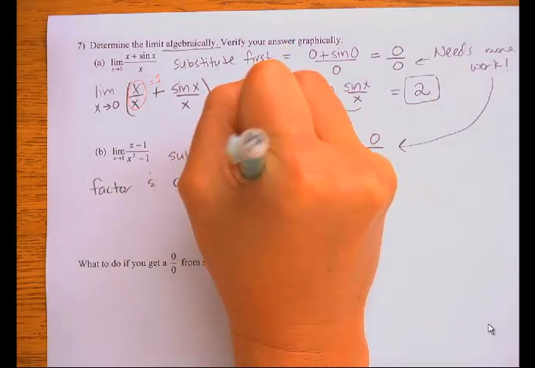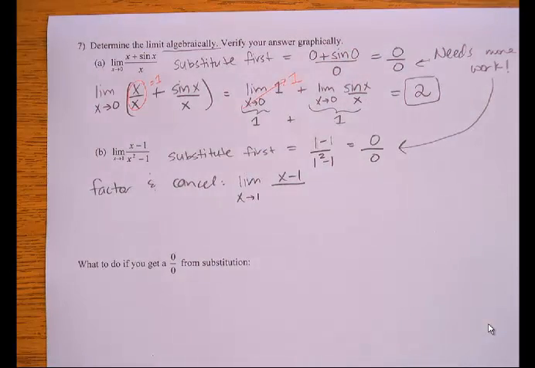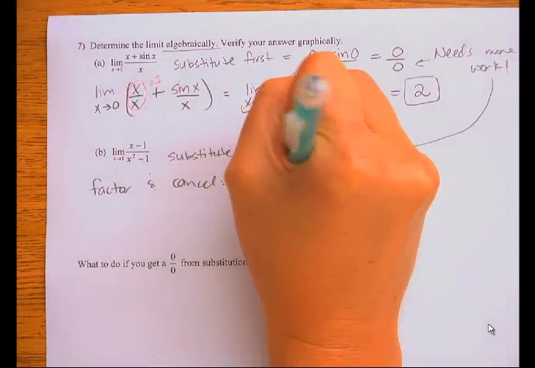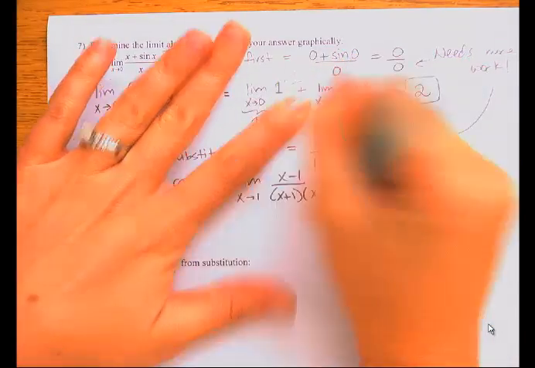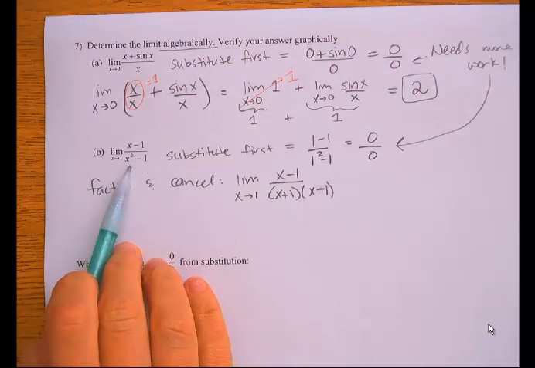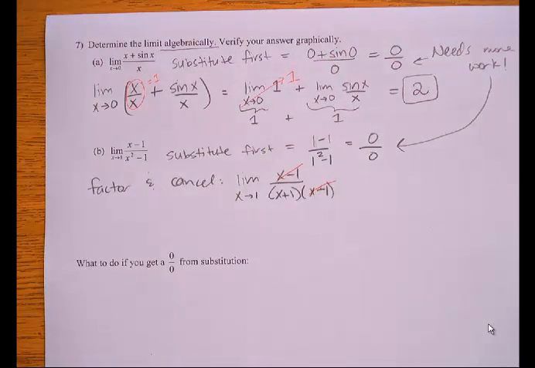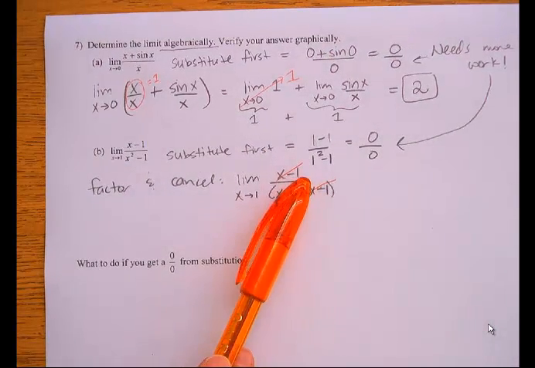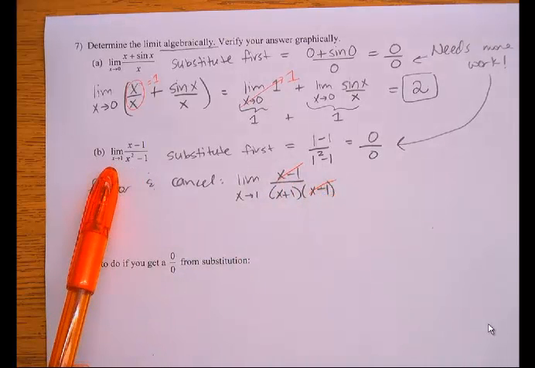So in the numerator, I have x minus 1. In the denominator, if I factored, I would have these two factors, one of x plus 1, one of x minus 1, because we have a difference of squares. So I can see that these here will factor. Now just keep in mind, x is not allowed to equal 1 in order for me to factor. But we learned last lesson that I don't need to let x equal 1.